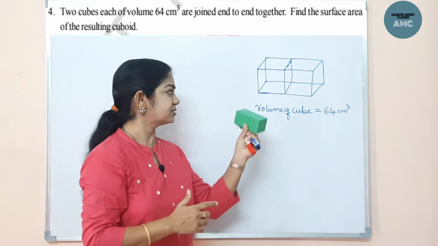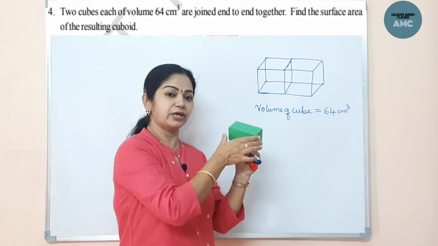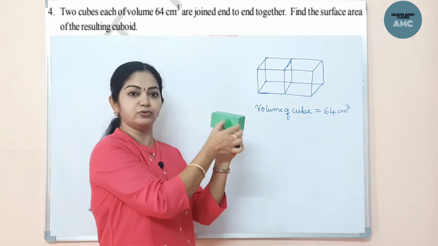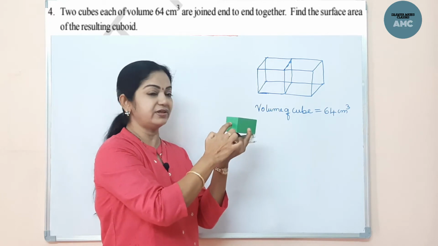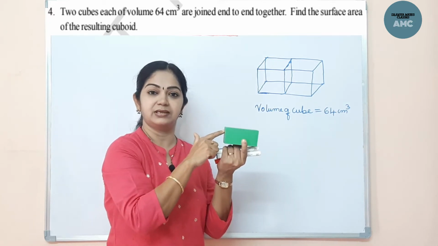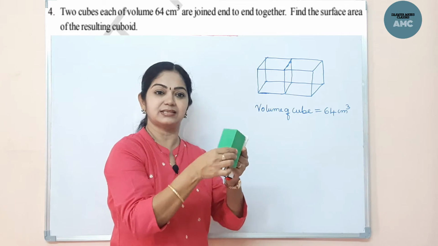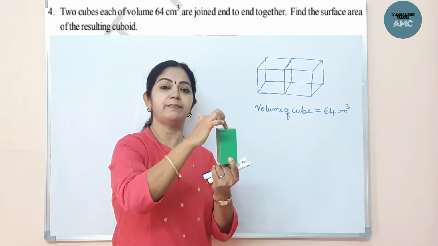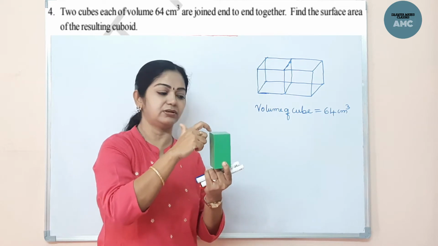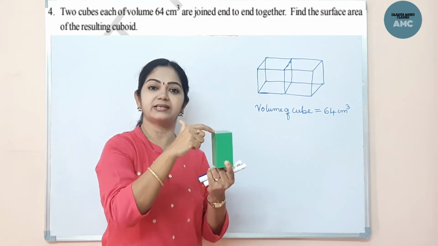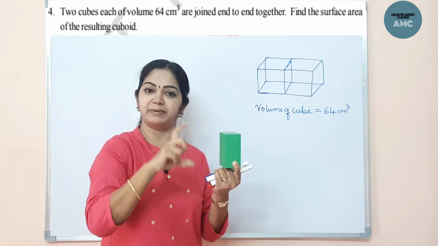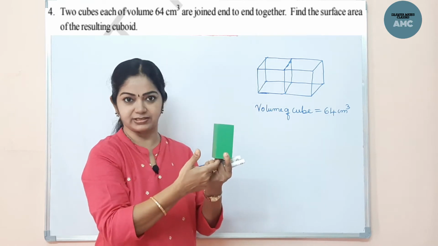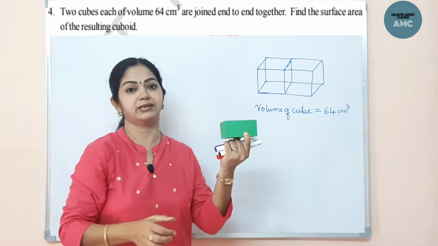Okay, now this is not a cube, this is not a cuboid, this is a combination of two cubes wherein we have the bases as squares. So if the bases are squares, we can call it a square prism. Now if the bases are triangles, then we call it a triangular prism. Now the bases are squares, so it is a square prism.